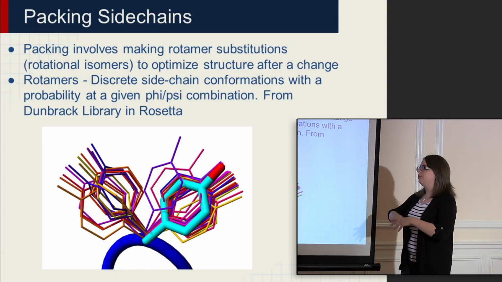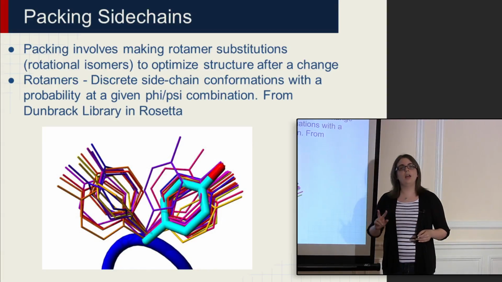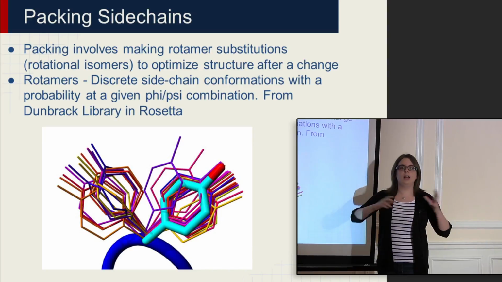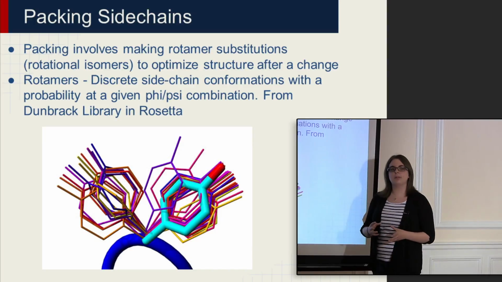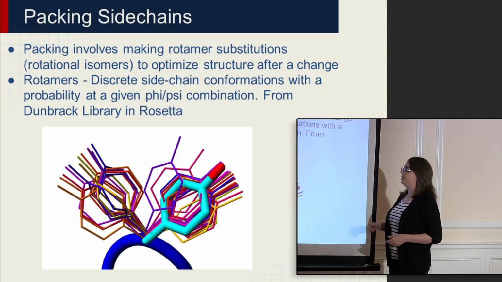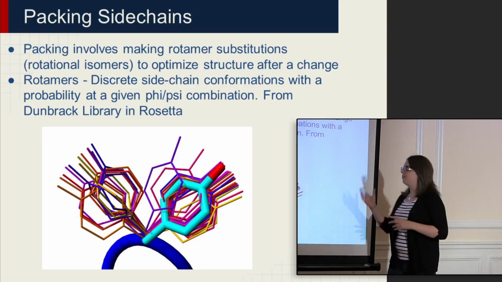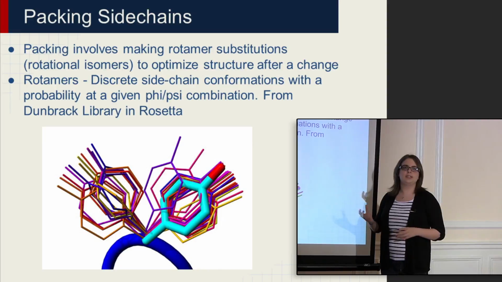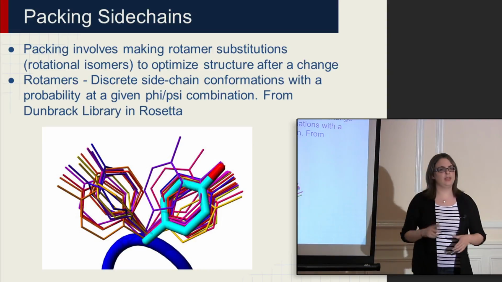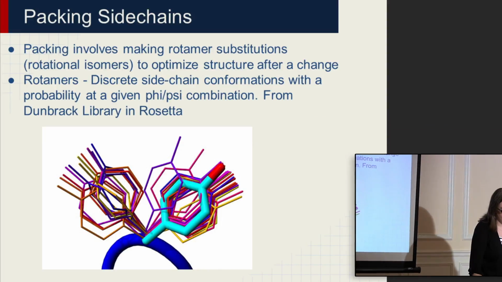Basically you pick out of this library, based on a given phi-psi, what some combinations of possible Rotamers will be, and you'll make these substitutions in the backbone. So you can see this is an example of different Rotamers of one amino acid side chain being substituted. That's an idea of what happens.